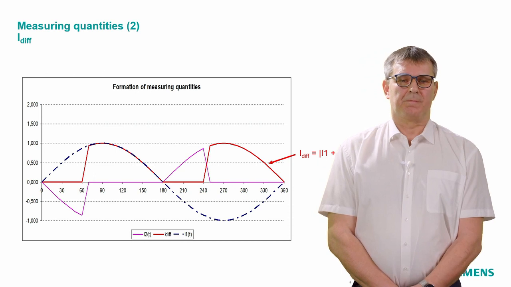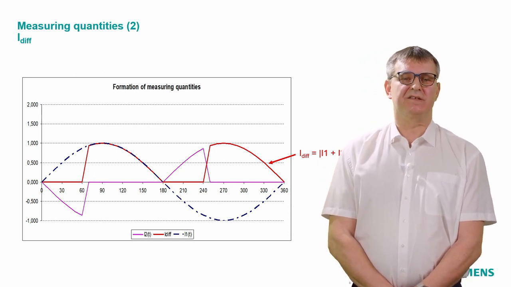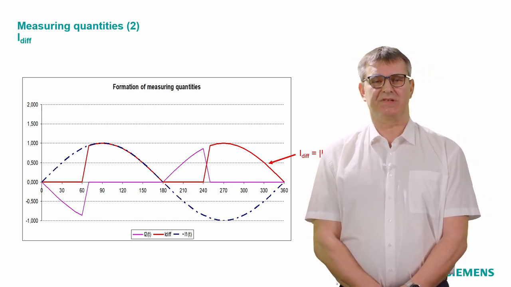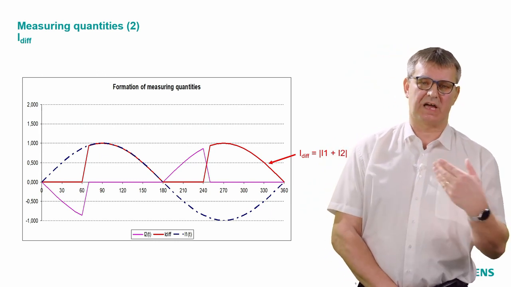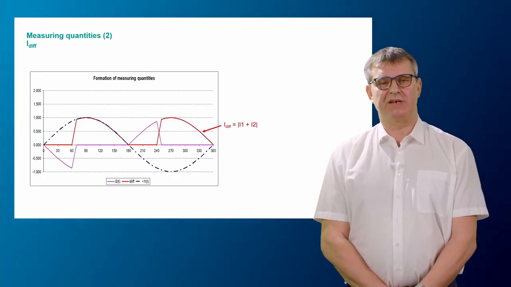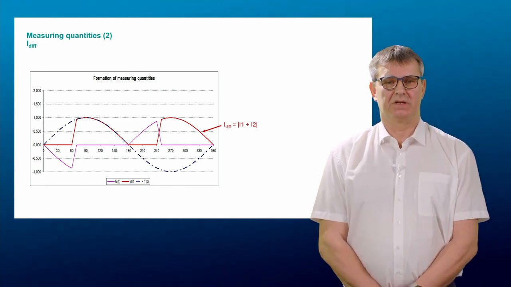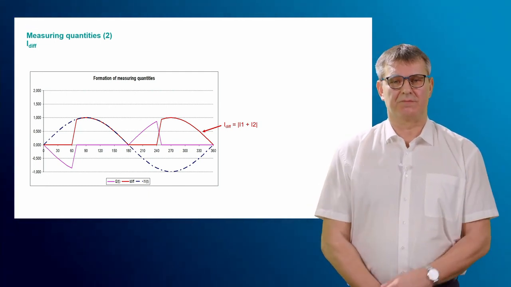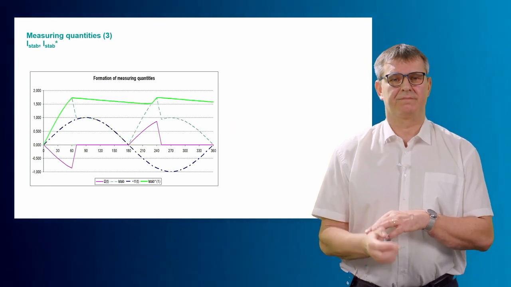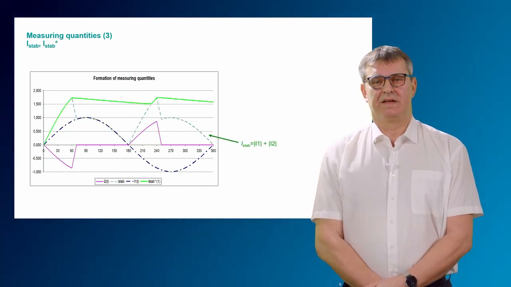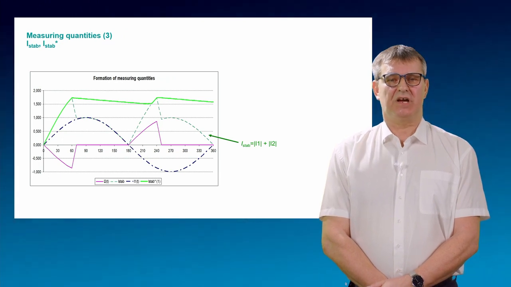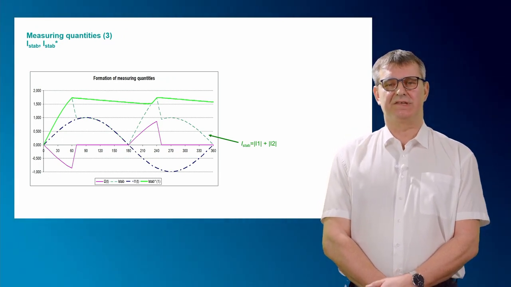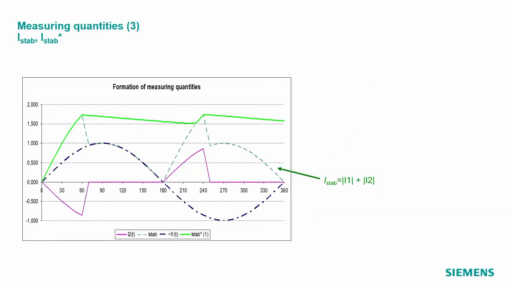But when I2 saturates, suddenly the differential current jumps, and because I2 is absolutely 0, the differential current will be the same as I1. So it's similar to I1. The stabilization current, you will see here this dark green line, the calculated stabilization current. It's I1 plus I2.